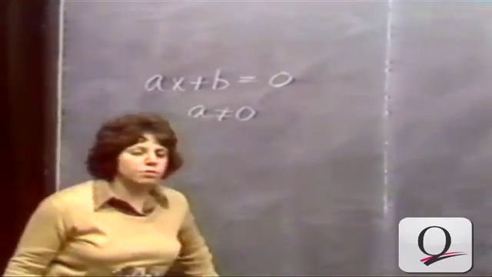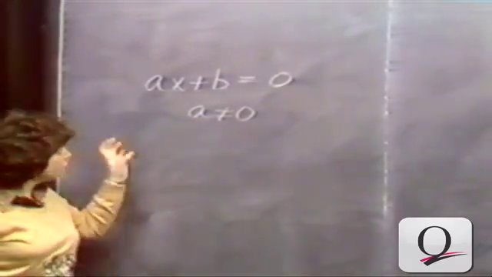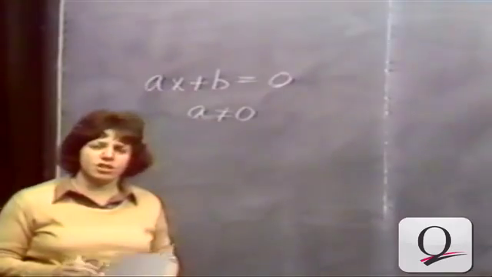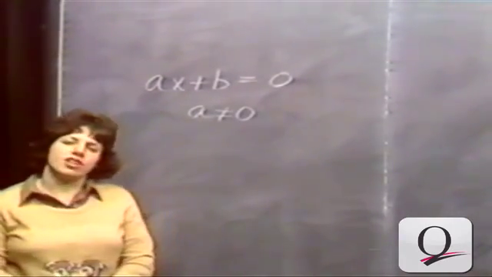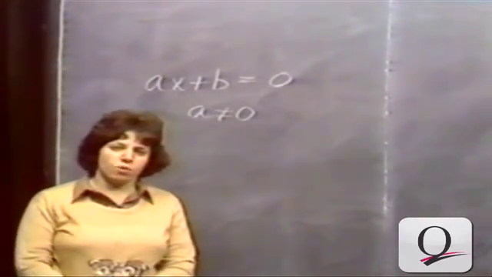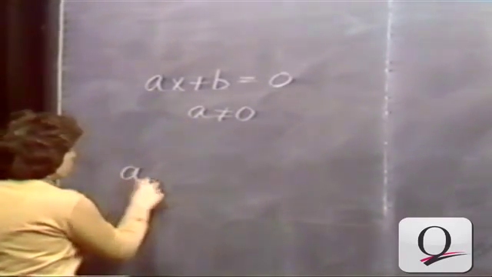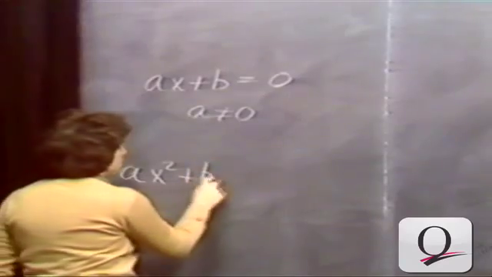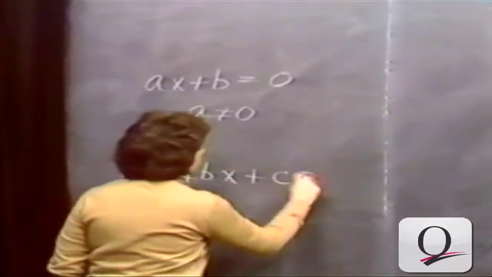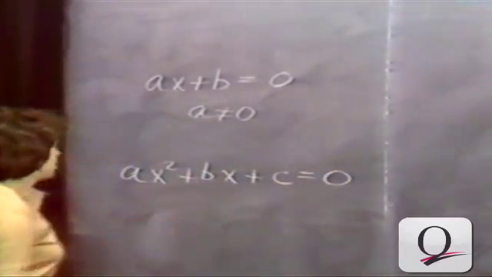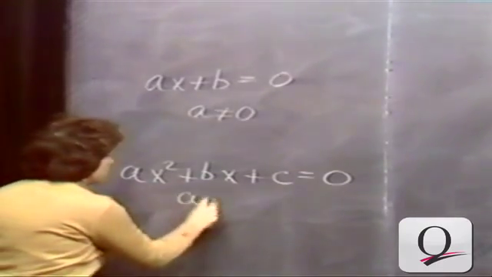Now, many practical problems give rise not to first-degree equations in one variable, but rather second-degree equations in one variable. Such equations are known as quadratic equations. A quadratic equation is one that can be put into this form: ax squared plus bx plus c equals 0. A, b, and c here are real numbers. A is not equal to 0.